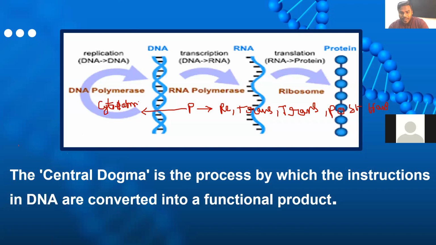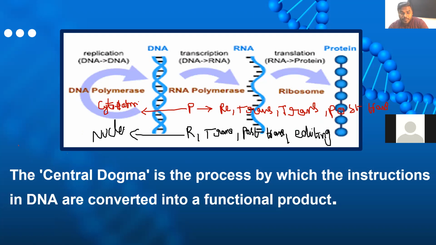Now let's look into the eukaryotic organism. What do you have to remember? In case of eukaryotes, understand: replication, transcription, post transcription and RNA editing. Where will all these happen, my friends? All these will happen in the nucleus only. But what about the translation and post translation?